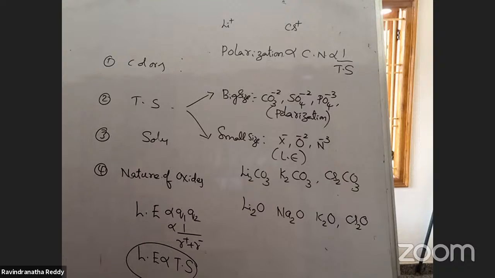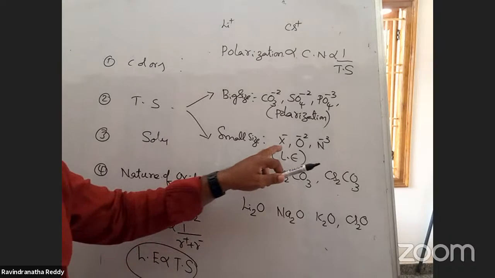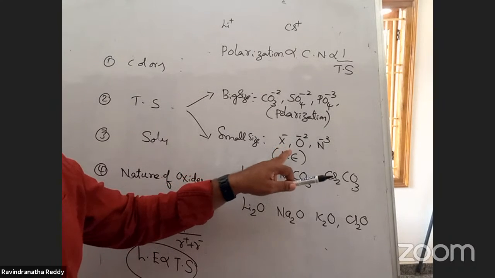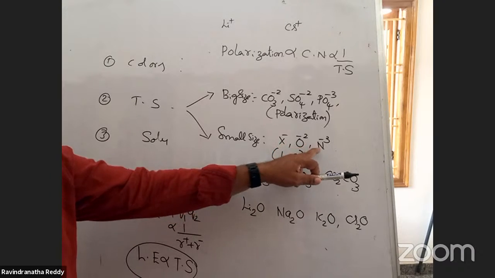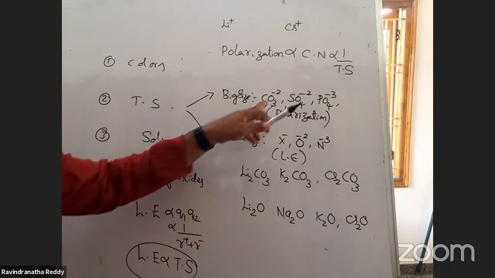What is the thermal stability concept? A very simple trick. Cation size is big, anion size is big, thermally more stable. Cation size is small, anion size is small, thermally more stable. Which anions are small in size? Simple ions: halides, oxides. Which are big in size?